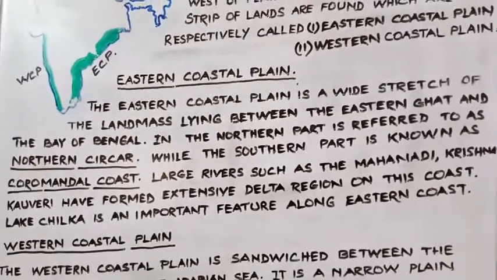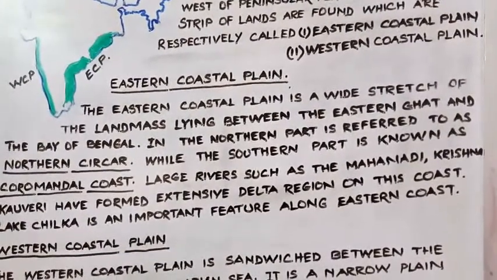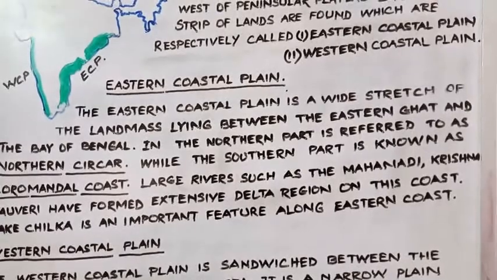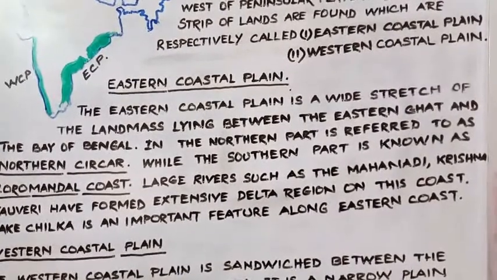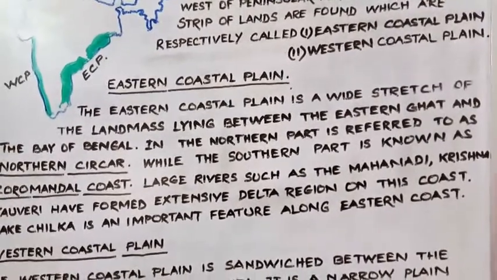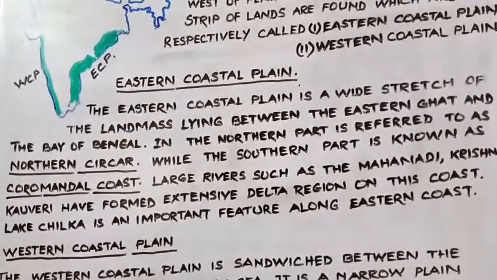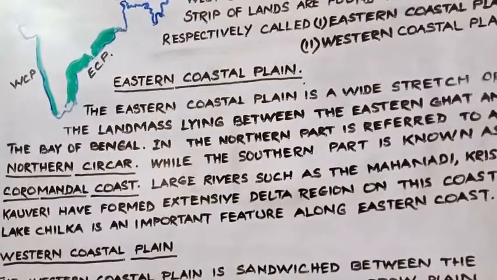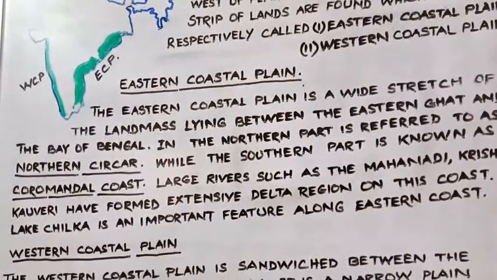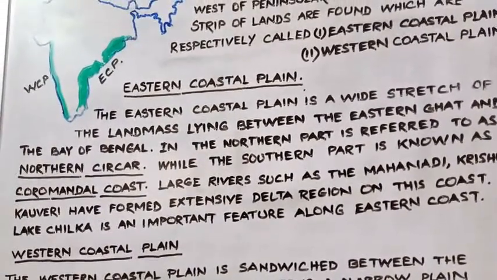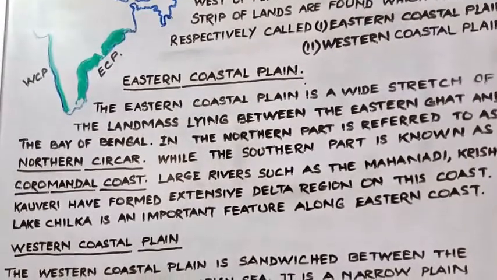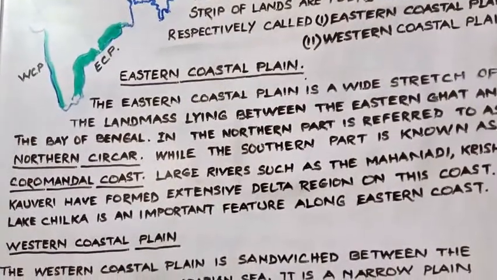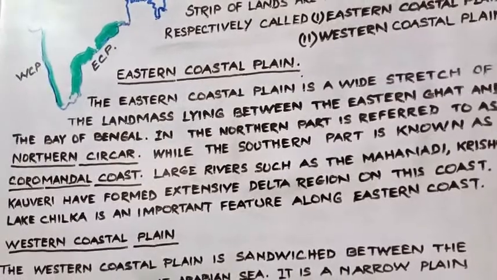Now, you can see in the map, in the marking, that it is broken. There are two parts of Eastern Coastal Plain, the lower part and the upper part. The upper part or the northern part, the top part is called Northern Sarkar, while the southern part, down part, is called the Coromandel Coast.